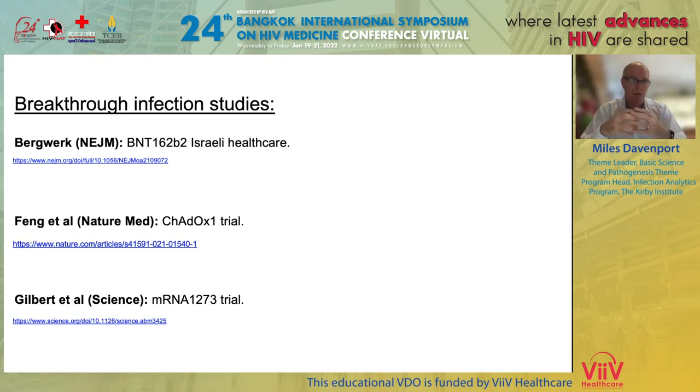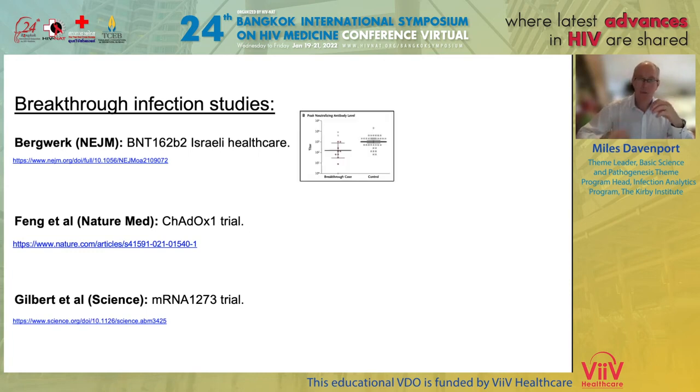The first to come out was by Bergwerk and colleagues in Israel. They studied Israeli healthcare workers that had been vaccinated with Pfizer. And what they found was that individuals who had breakthrough infection had a lower mean antibody titer than control individuals who didn't get infected.